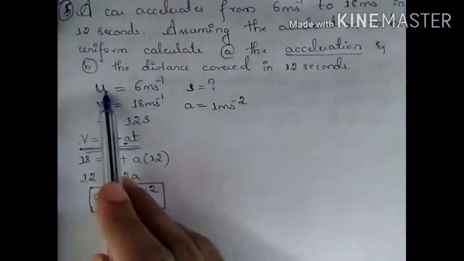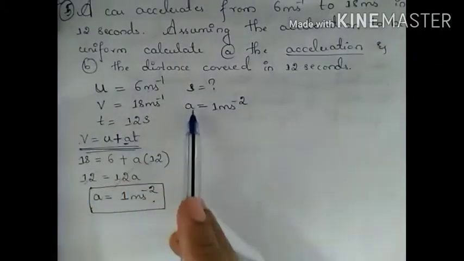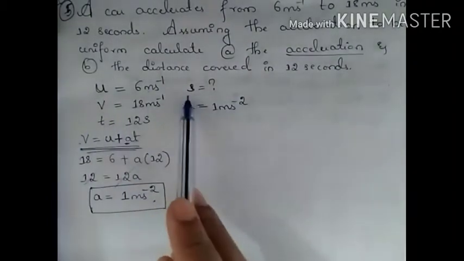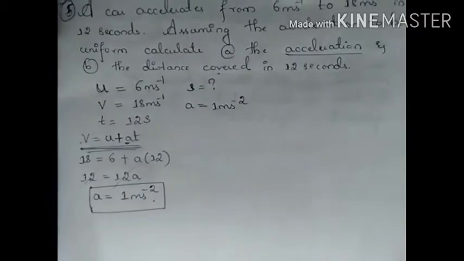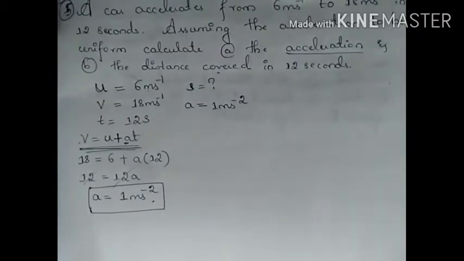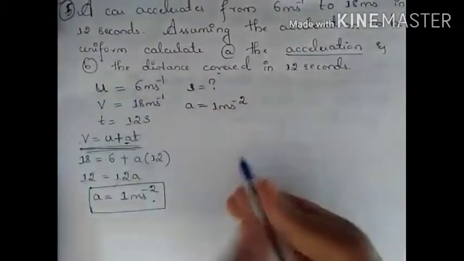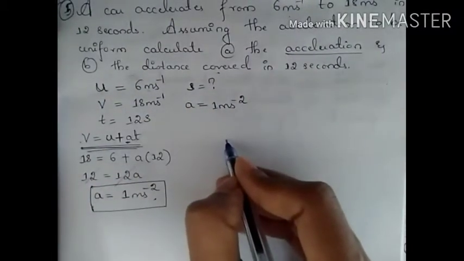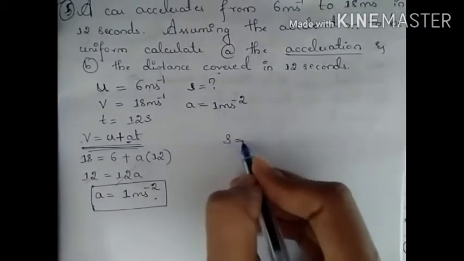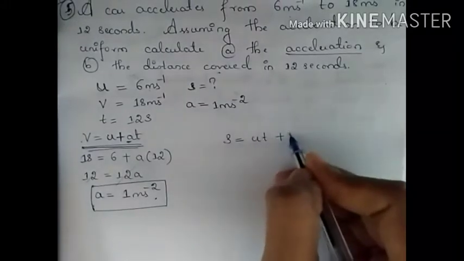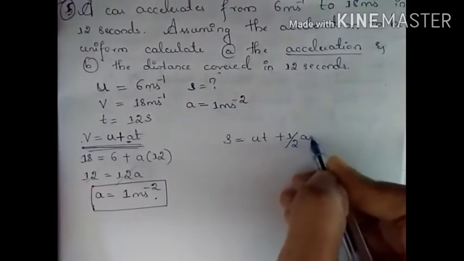So now you have initial velocity, final velocity, acceleration and time. What is unknown to us is the distance covered in 12 seconds. So from all this data, we can use another kinematic equation. s equals ut plus half at square.